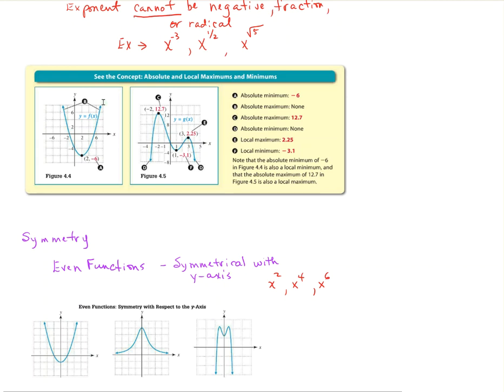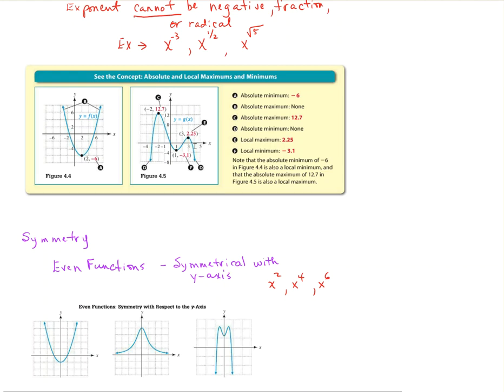All right. In this picture, we have the highest point of the picture is right here. So the absolute max is 12.7. The absolute min, we don't have one. But we do have some local things that between two other places, it's either a low or a high.